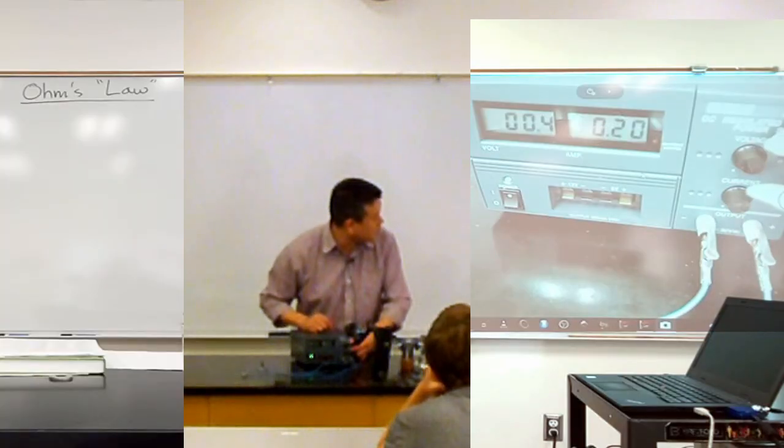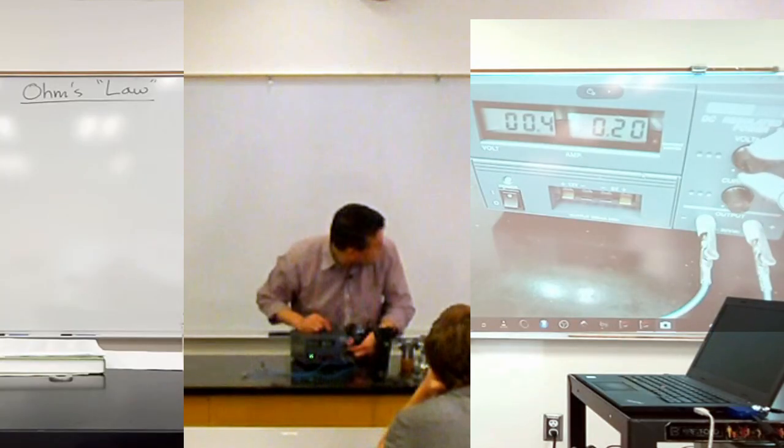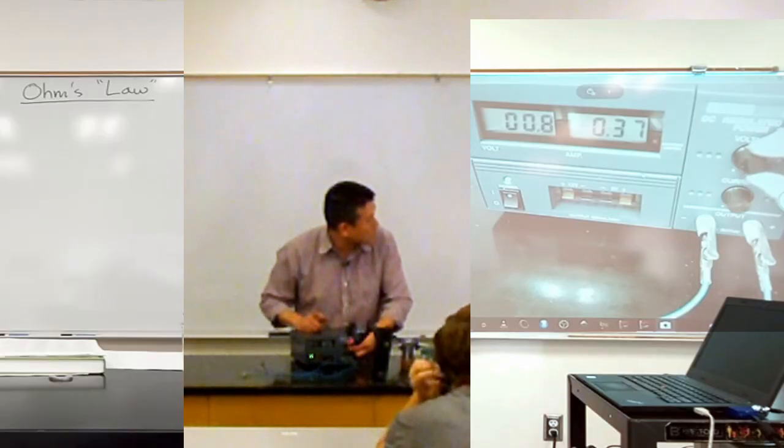Let's try doubling the voltage from 0.4 volts to, where do I look at? 0.8 volts, 0.37. I think I can probably go as high as 1.5. So that it's easier to see, let me go from 0.5. So at 0.5 volts, it was 0.22.